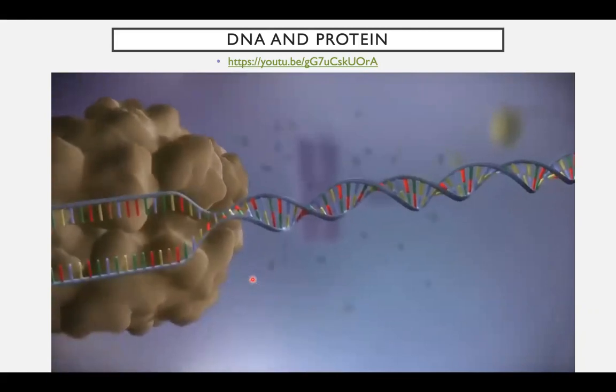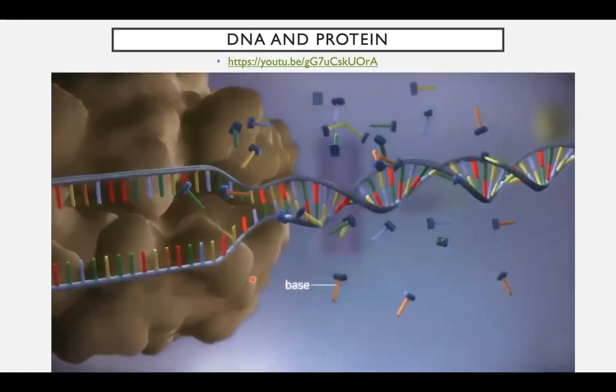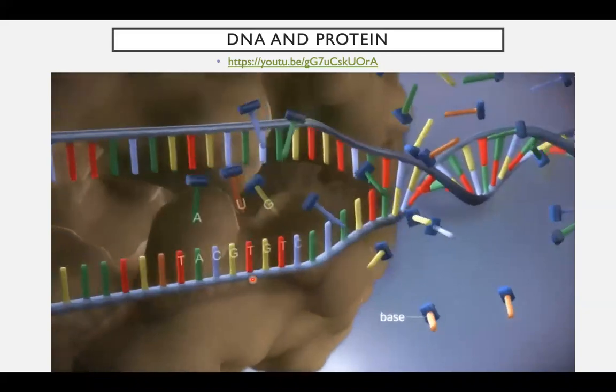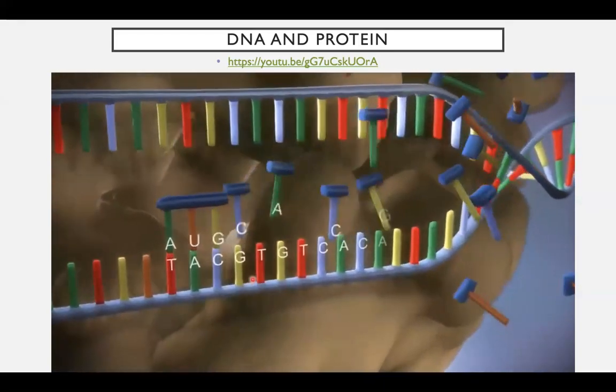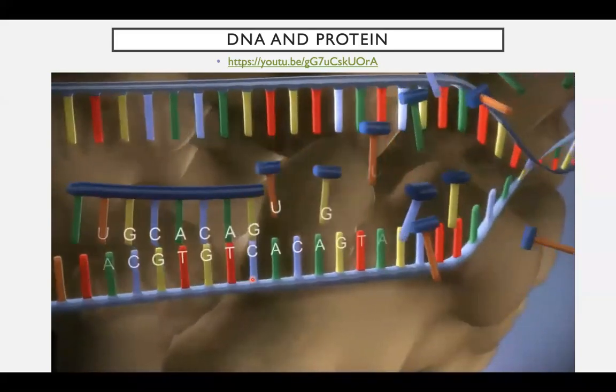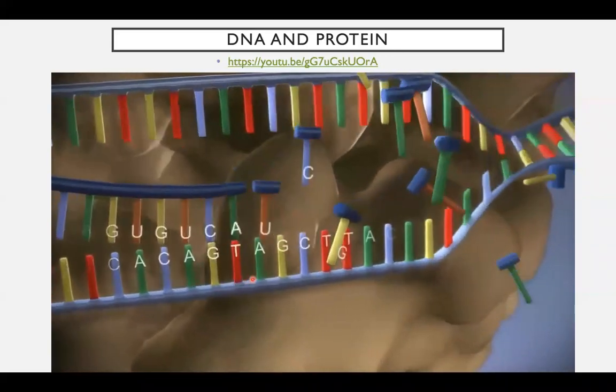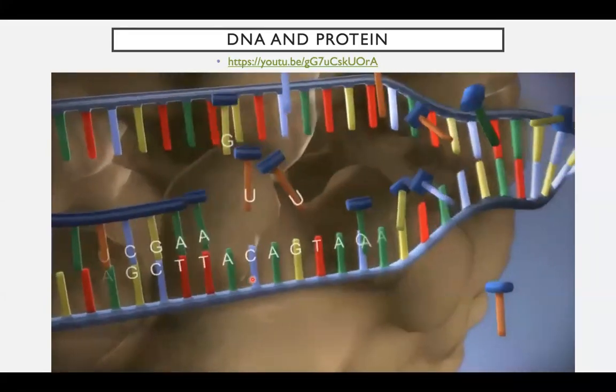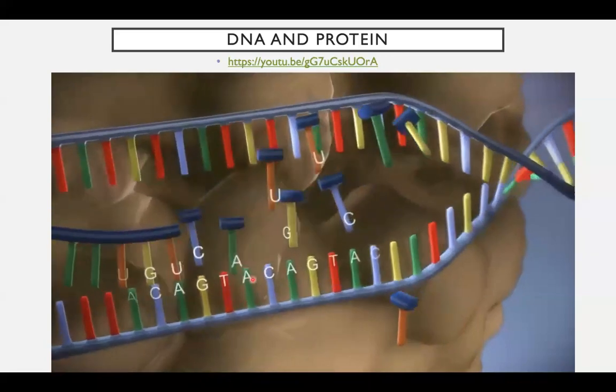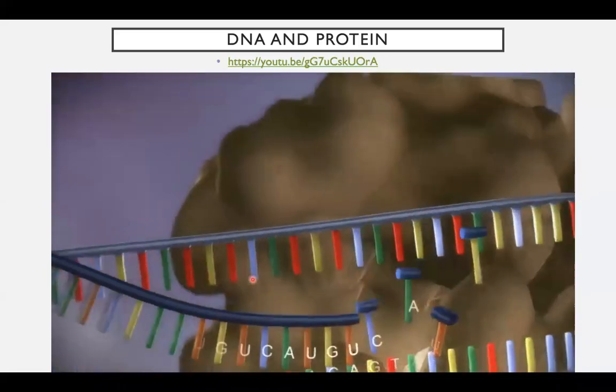It moves along the DNA, making a strand of messenger RNA out of free bases in the nucleus. The DNA code determines the order in which the free bases are added to the messenger RNA. This process is called transcription.